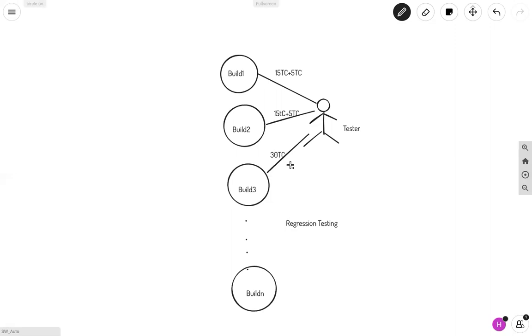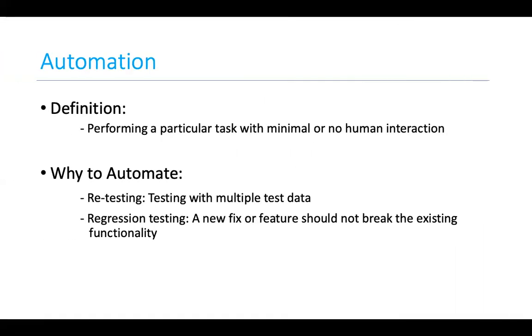In this type of situation, we need automation, and automation will be very helpful. Mostly, automation suites are written for regression testing. Automation saves time and money. When you write an automation script, it executes faster than human interaction, and you can even run the scripts in parallel on different machines.